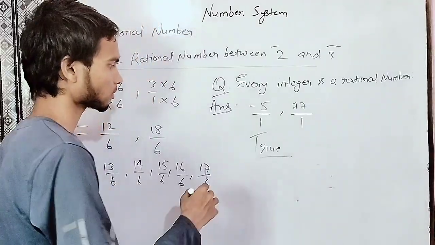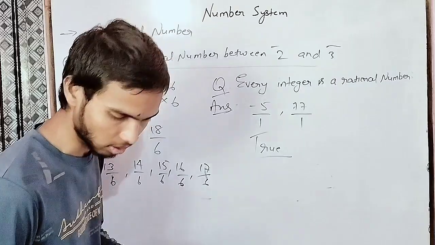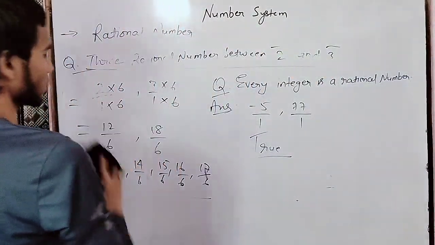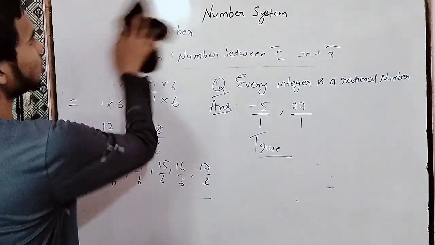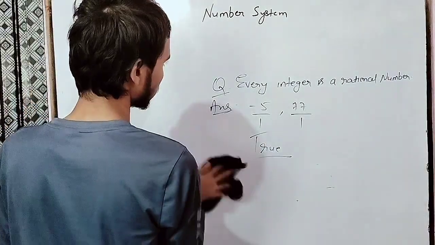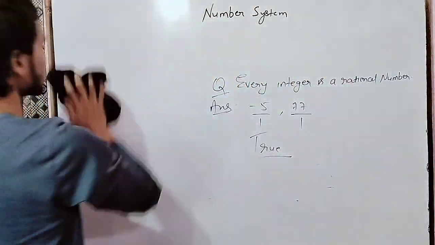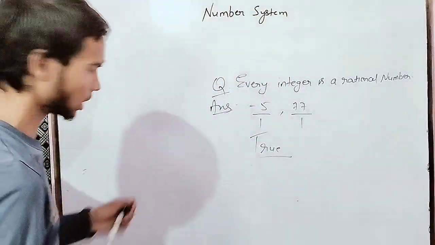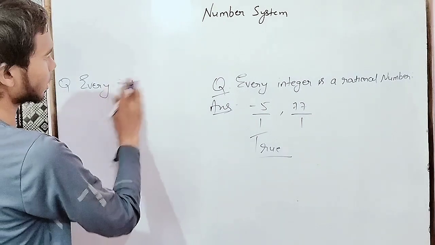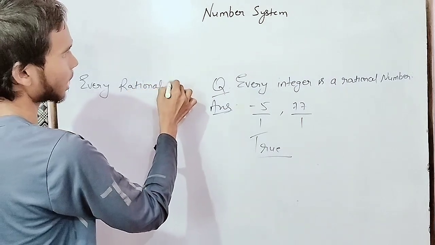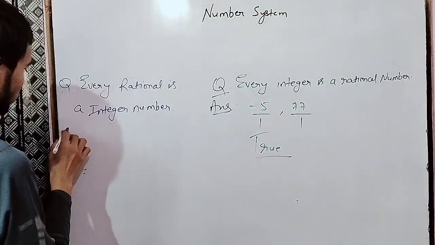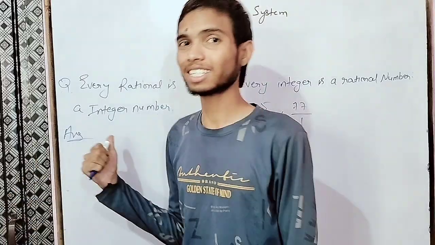But what if the question says every rational number is an integer? Now tell me, is this statement correct?